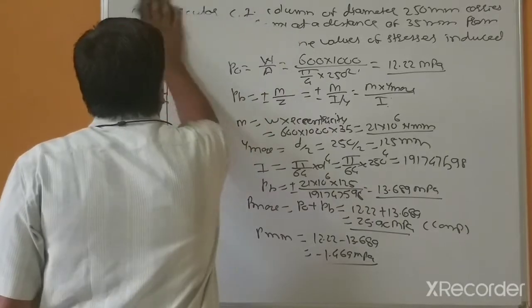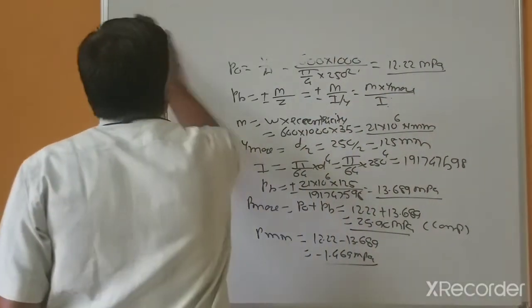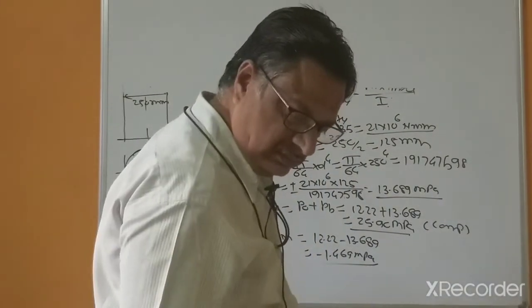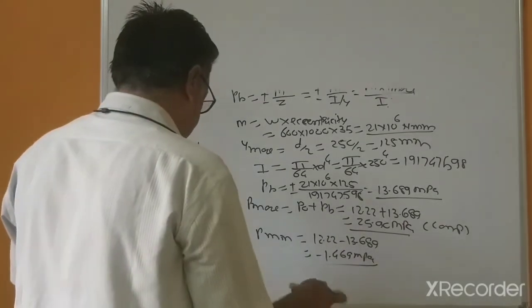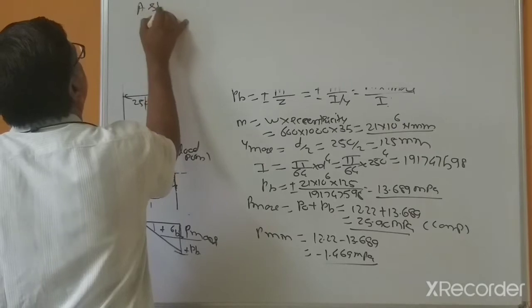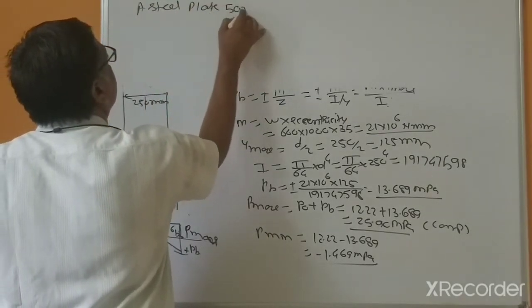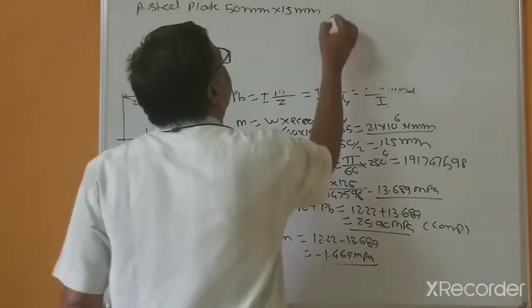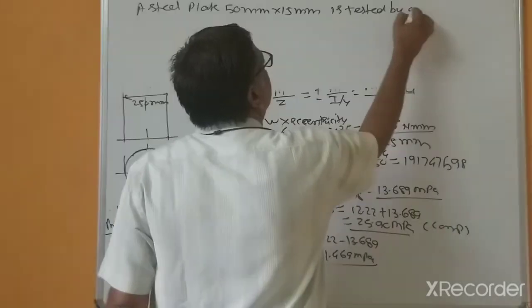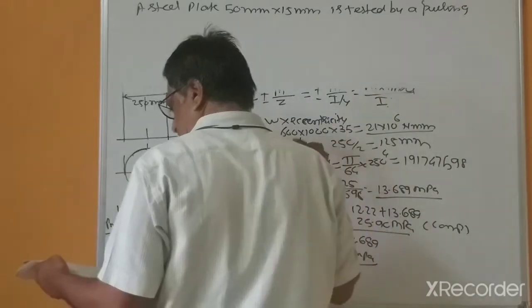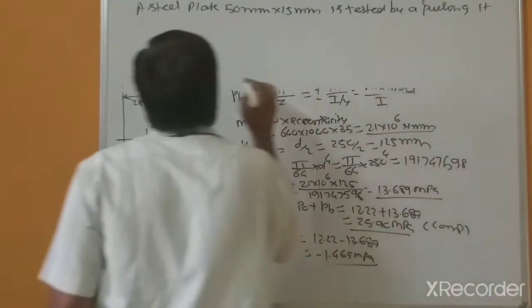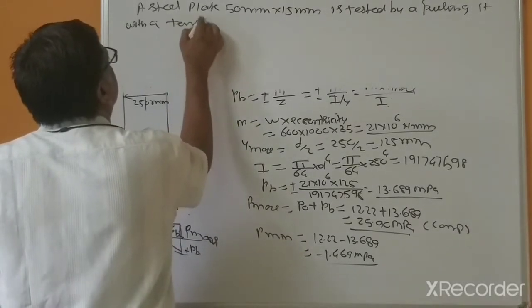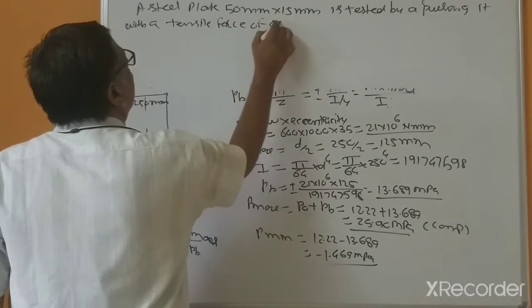Next problem. A steel plate 50 mm by 15 mm is tested by pulling it with a tensile force of 45 kilonewton.